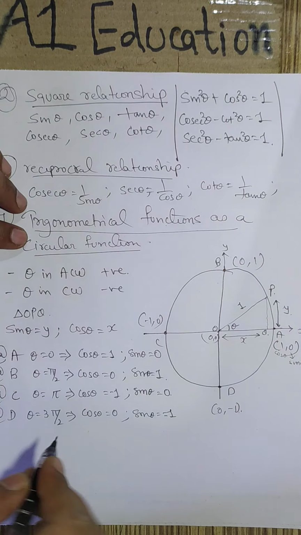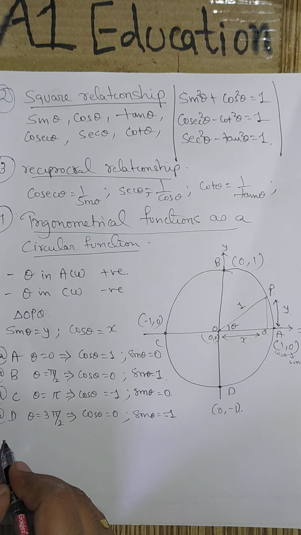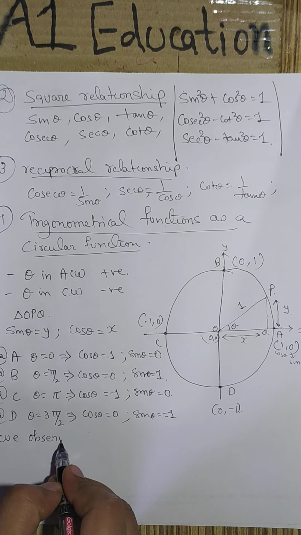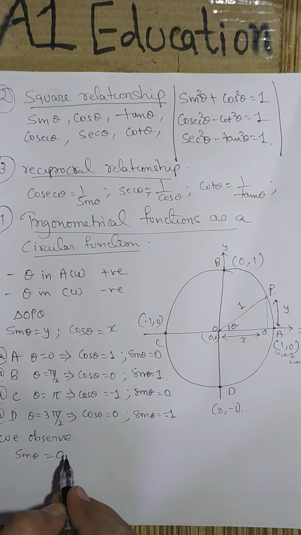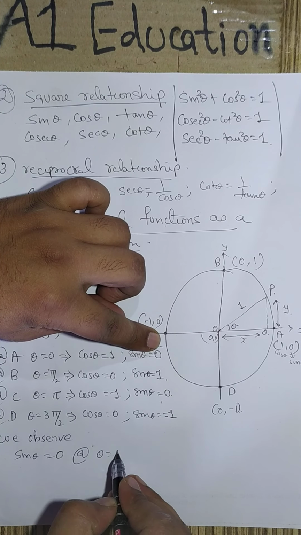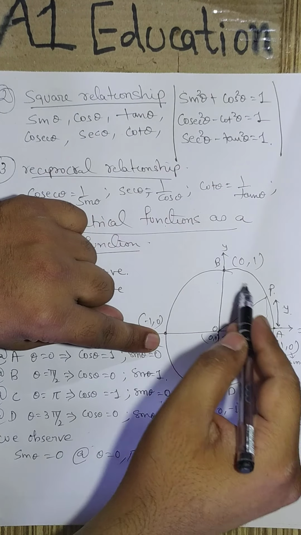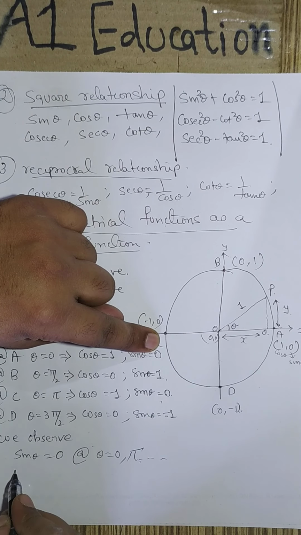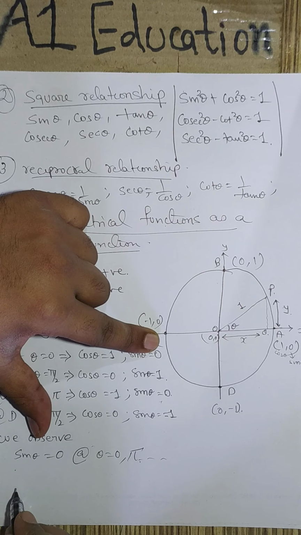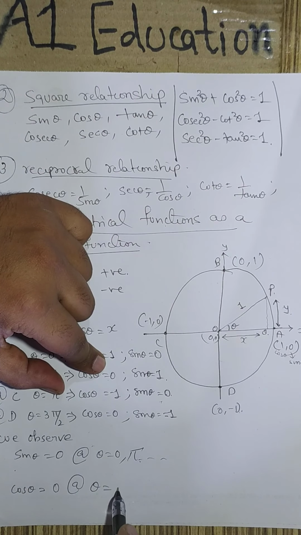So we conclude the observations. Sine theta is 0 at theta equal to 0, at theta equal to pi, and so on. Since this is a circular function, values will keep on repeating. Similarly, cos theta is 0 when theta is pi by 2, 3 pi by 2, and so on.